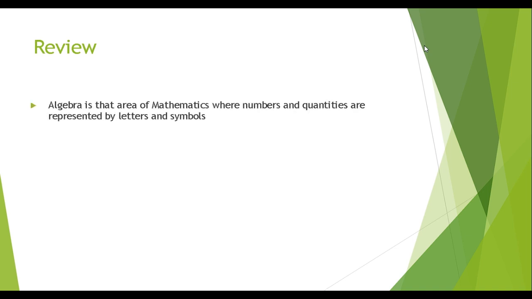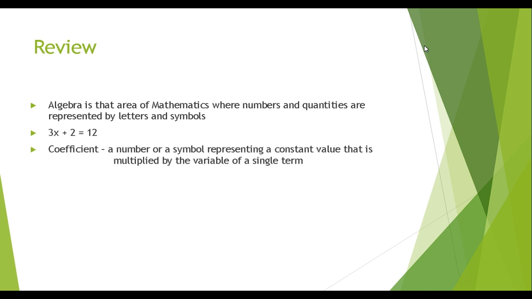Alright, so quick review. Remember that algebra is that area of math where numbers and quantities are represented by letters and symbols. So this is an example of an algebraic equation, 3x plus 2 equals 12.